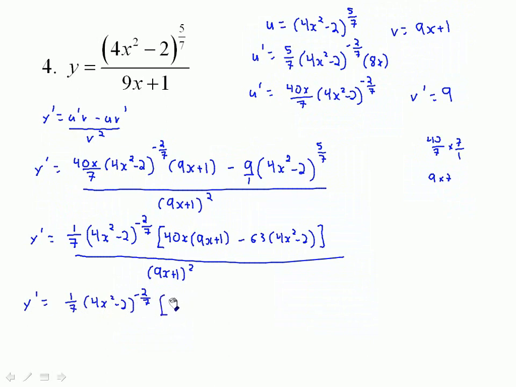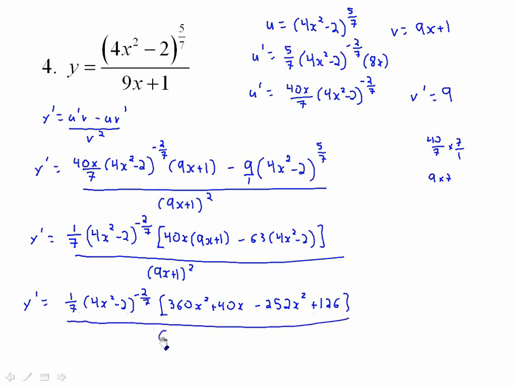So 40 times 9 is 360 x squared plus 40x minus, now careful with this, so 63 times 4 should be 252 x squared, and then plus 126. Watch your signs very carefully. And this is all over 9x plus 1 to the 2. So far we haven't seen anything that's difficult.